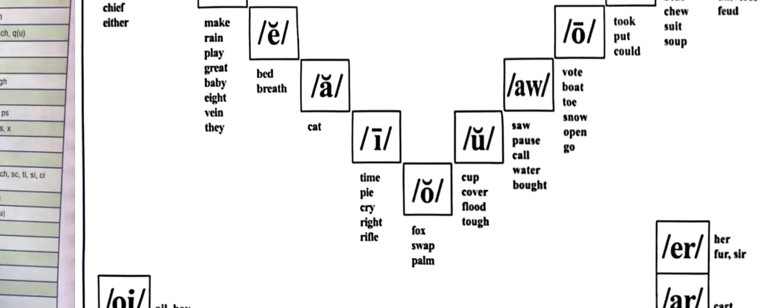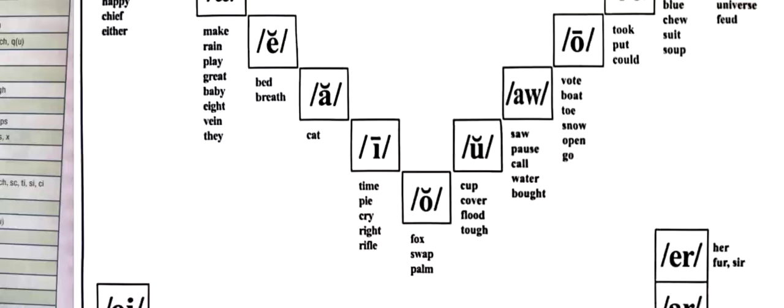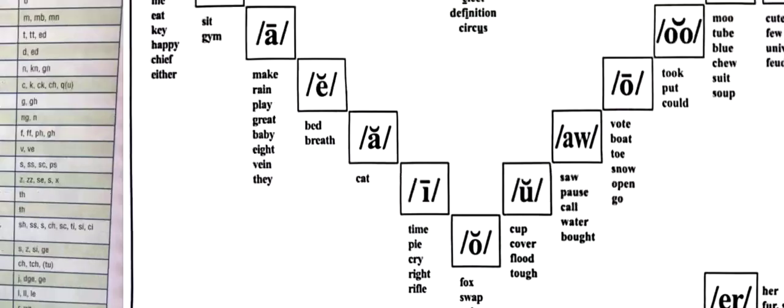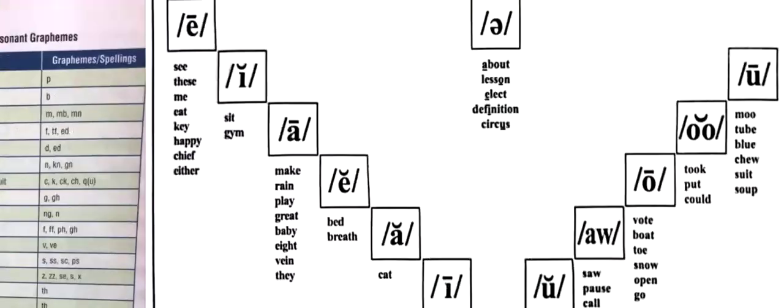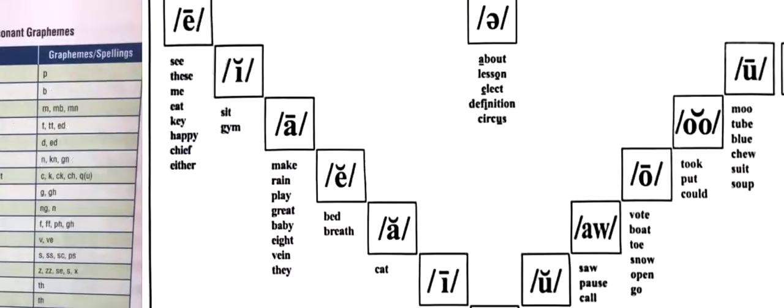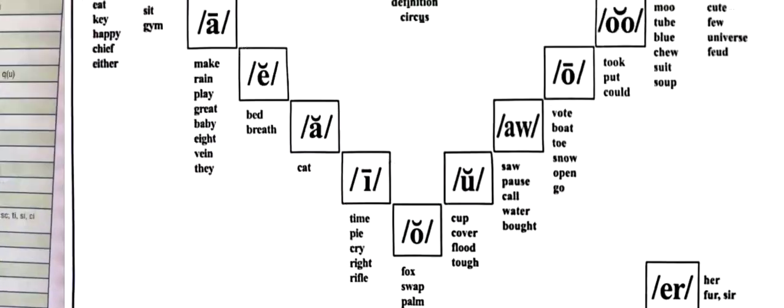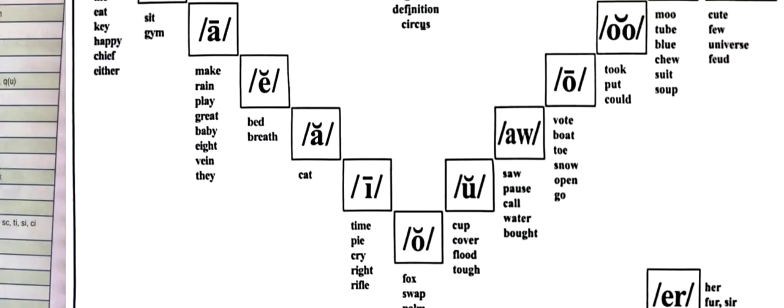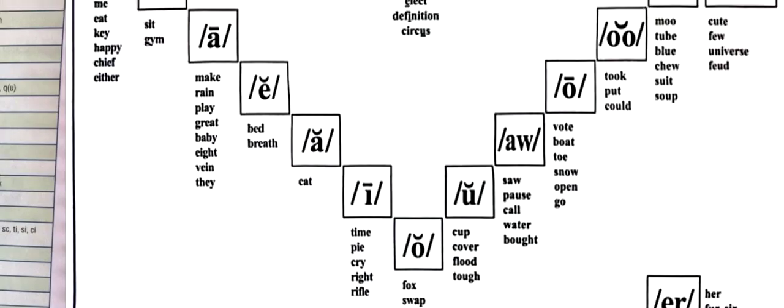Cry, right, by, I by itself. So here you can see that the IE can make the E sound. IE can also make the I sound. This is because some of these words are from other languages. So that spelling you'll have to learn from listening.